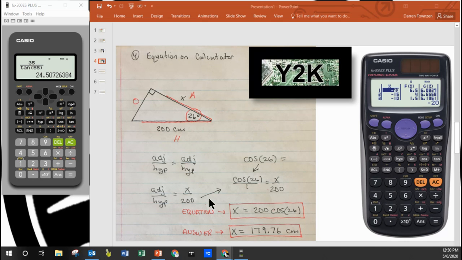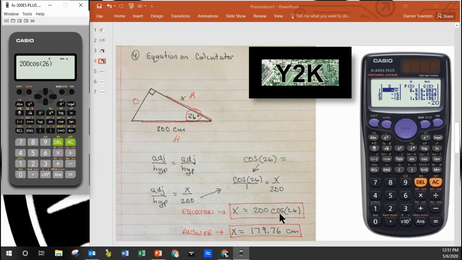And so if we go to our calculator, I'm just going to type in the equation. And I don't need the left-hand part where it has the x equals. I just need to find out what 200 cosine 26 is as a decimal. So I type in 200 and then cosine and then the 26-degree angle. I'm going to close my parentheses.